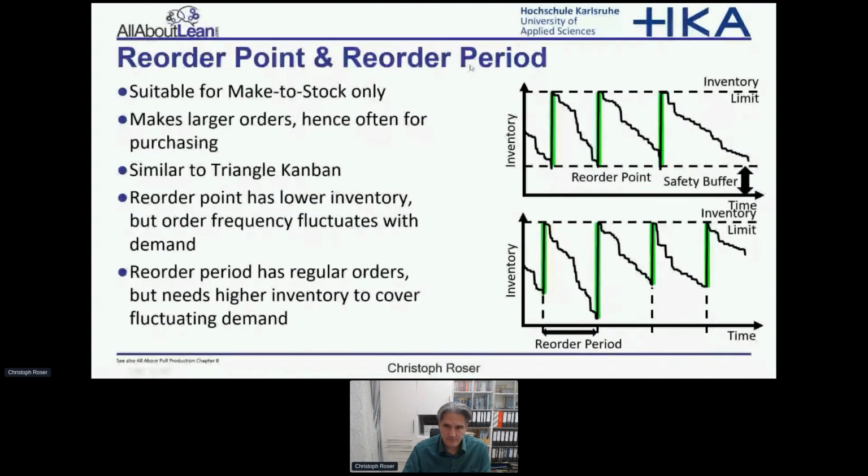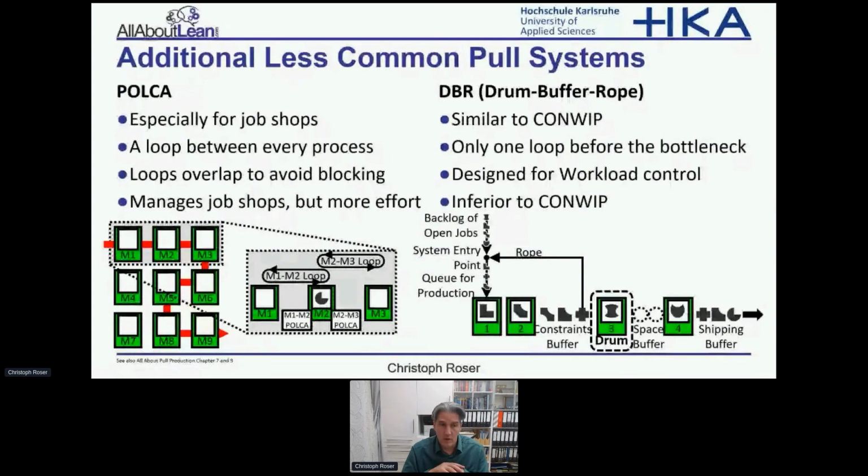For example, there is POLCA, paired cells of overlapping cards, developed by Rajan Suri, very nice guy, and that's especially designed for job shops, not flow shops, but job shops. It is somewhat similar to a CONWIP system, with one major difference: the loops overlap.